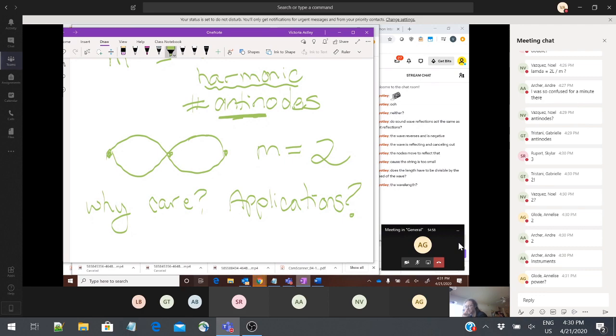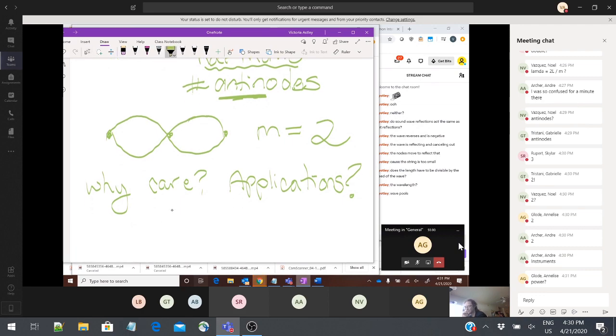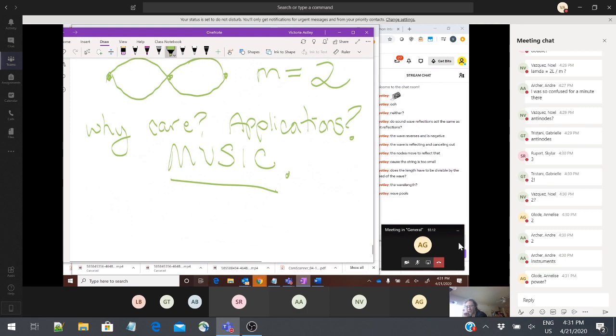Instruments? Yeah, music. So musical instruments almost entirely work along this physical basis. Wave pools also, yeah.